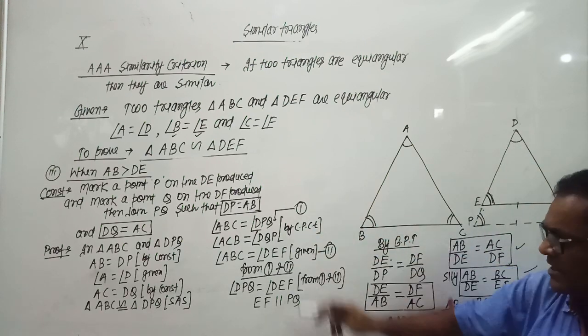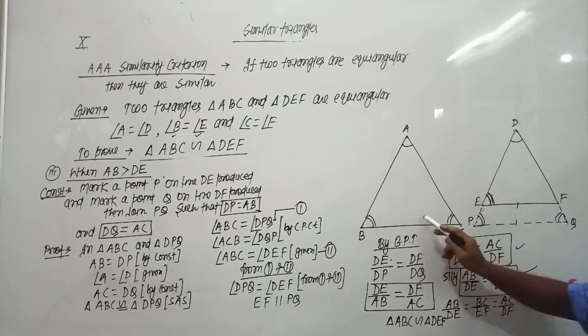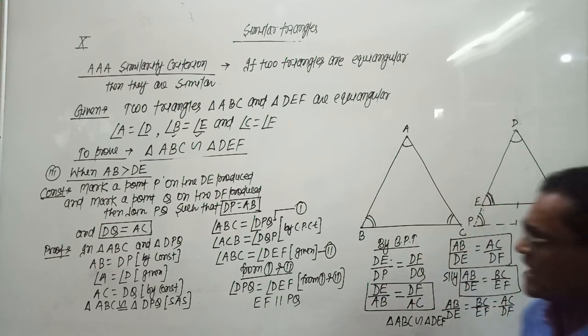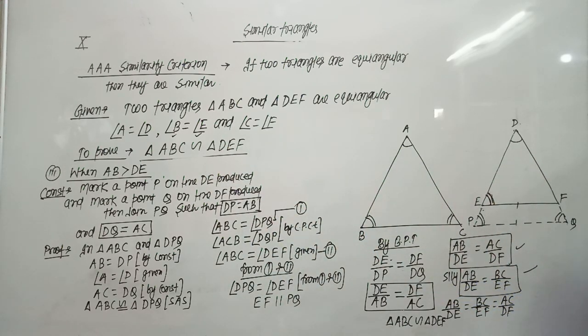This is the first equation. But we are given that angle B equals angle E. So from first and second we conclude that angle DPQ equals angle DEF. Therefore, EF is parallel to PQ.